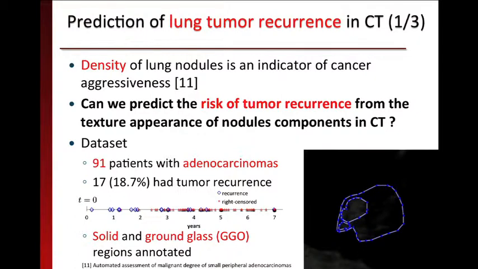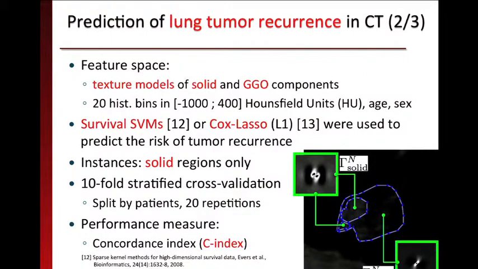So what we wanted to do is to learn two texture models. One texture model of the GGO component, the ground glass component, and one model of the solid component. And we would like to use these models as features to predict the risk of tumor recurrence.